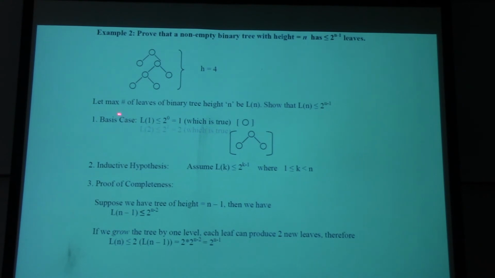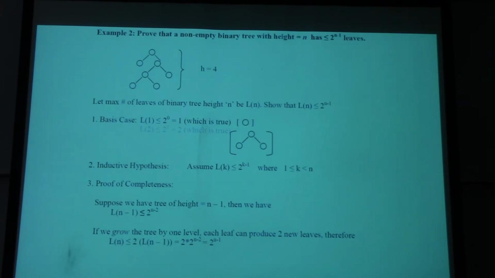So since it was true in the basis, we'll make the assumption, and we'll make the assumption for the height of the tree, k, being less than n. So now, what we're going to do is maximize our assumption. What's the maximum value of k? n minus 1. So therefore, L of n minus 1 should be 2 to the n minus 1 minus 1.